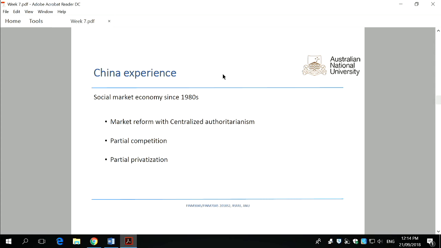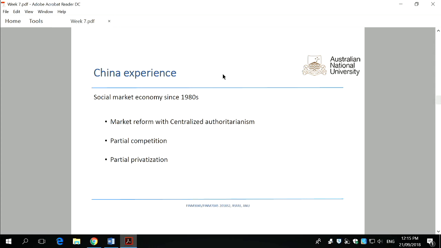The partial competition is that you can imagine all those private firms compete, and they have to be very competitive to survive. But another part of the economy has a lot of monopoly power, and some private companies with special connections have monopoly as well. Then there is partial privatization.